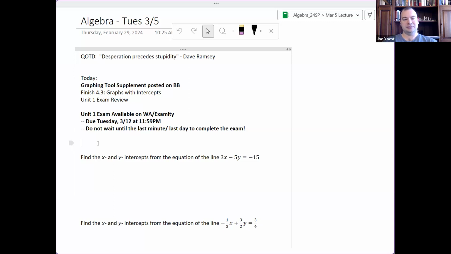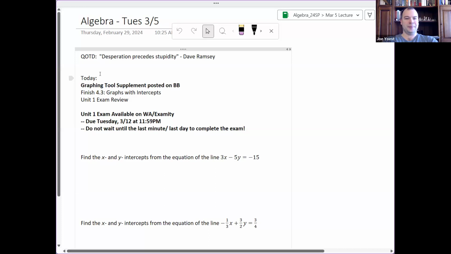As it says in the syllabus and in the Blackboard announcement that I posted last night, there are no due date extensions on this exam because it's open for a full week window. That should give you plenty of flexibility to be able to take the exam. So there shouldn't be a reason for a due date extension. It would have to be something quite extenuating to warrant an extension.